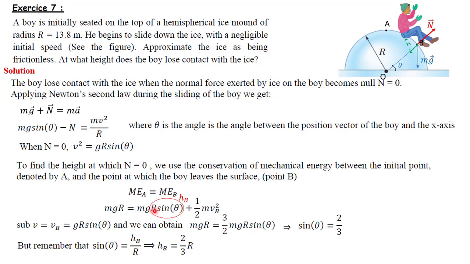So HB is R sine theta, using the conservation of the mechanical energy. So we are able to use the conservation of the mechanical energy because they said that the ice is frictionless. Finally, we deduced the maximum height at point B.